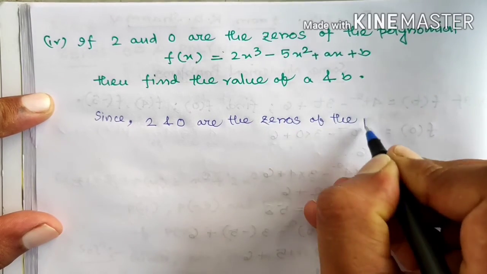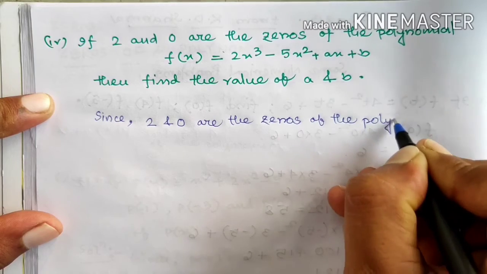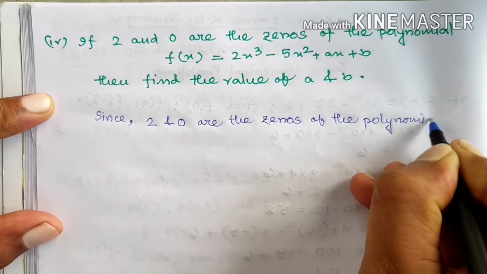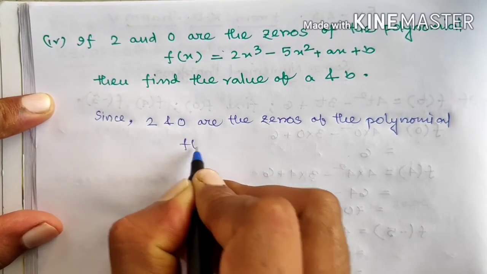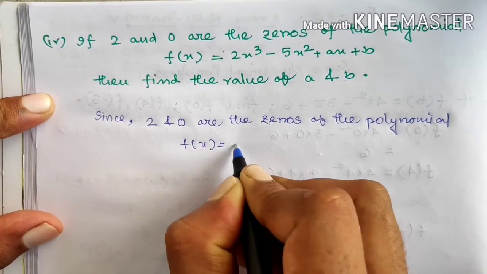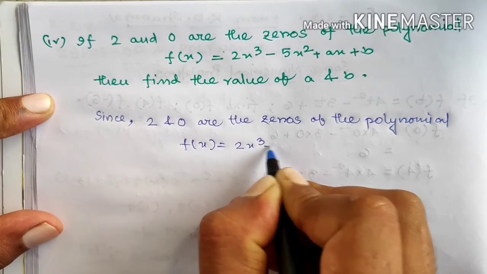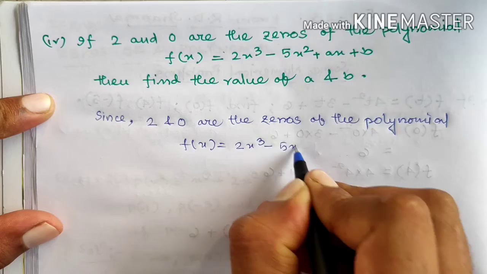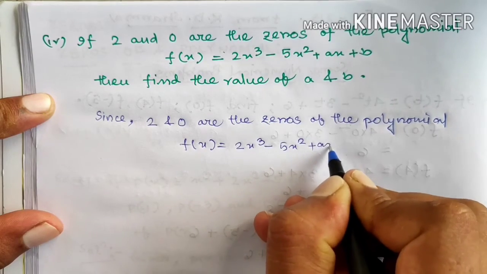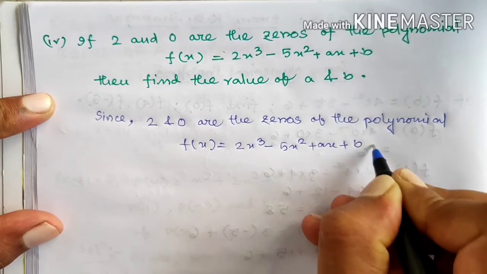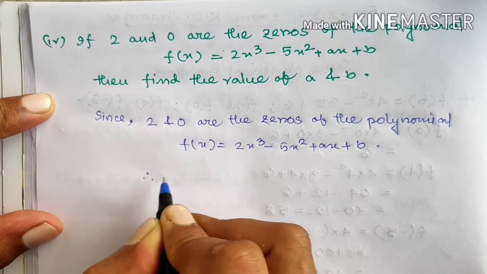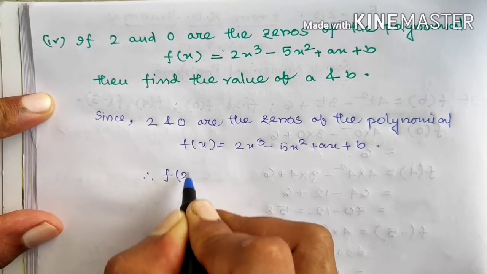Since 2 and 0 are the zeros of the polynomial, therefore f of x equal to 2x cube minus 5x square plus ax plus b. This is given.